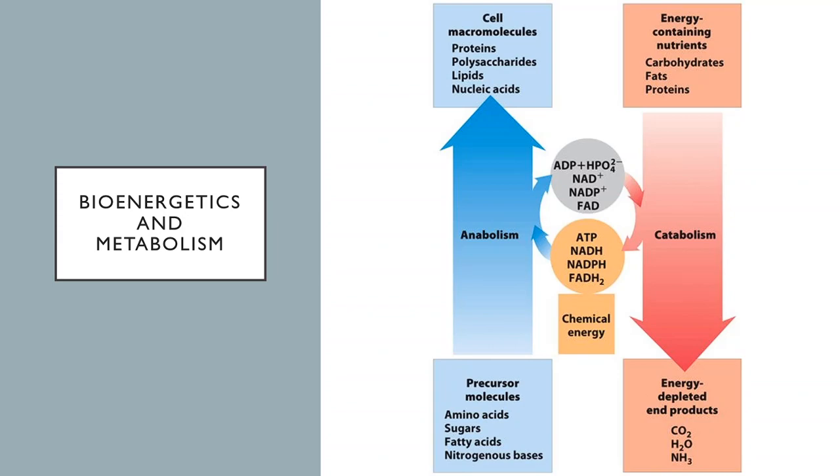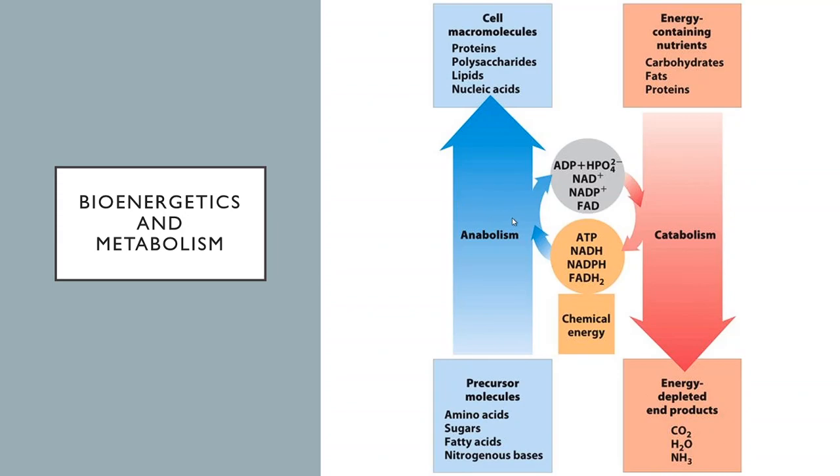So the process of building up molecules and storing energy we call anabolism, and then the process of breaking down energy-containing nutrients and producing byproducts is called catabolism. So metabolism is a combination of those two types of reactions.